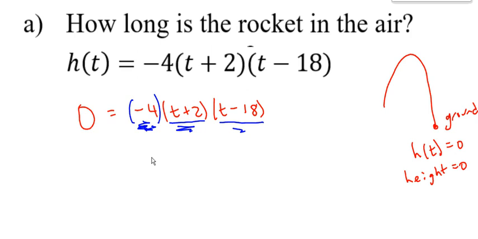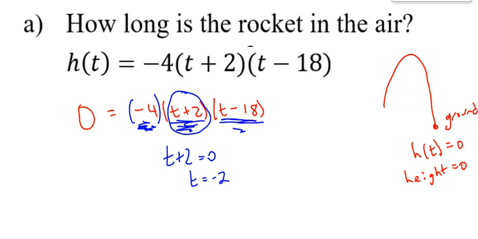Now, obviously, I can't make the first bracket, -4, 0, because there's no t in it. -4 is always -4. But here, I can make that bracket 0 if I let t equal -2. So if I let t equal -2, this whole bracket is 0. 0 times -4 times whatever that is, -20, is still 0. So t equals -2 would give me a height of 0.